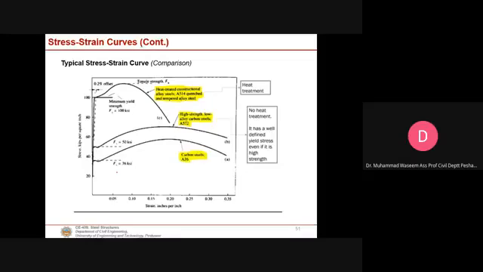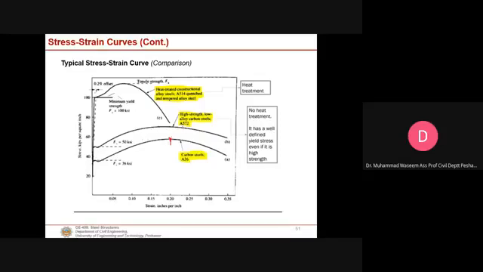If you use the A36 steel, it will have a very low yield point, and the ultimate point Fu will be somewhere around 58.